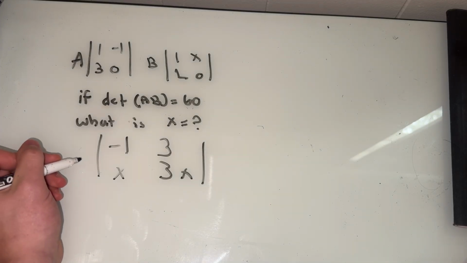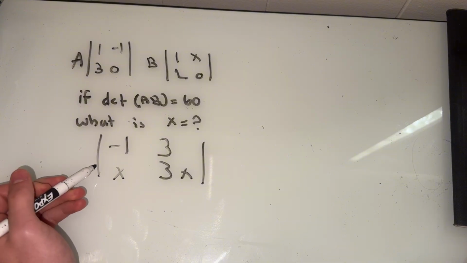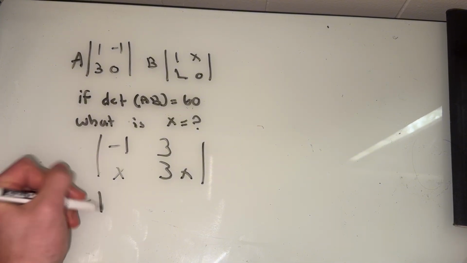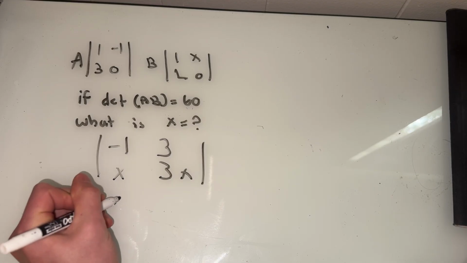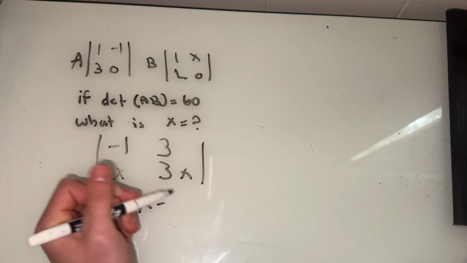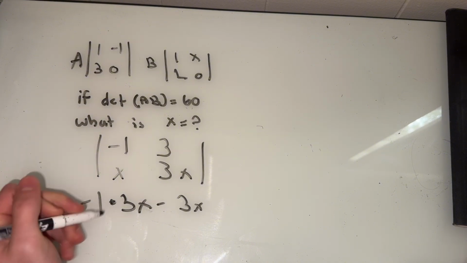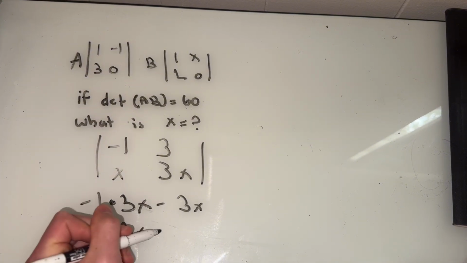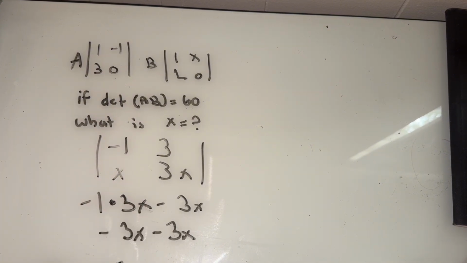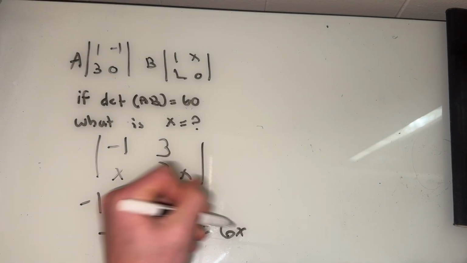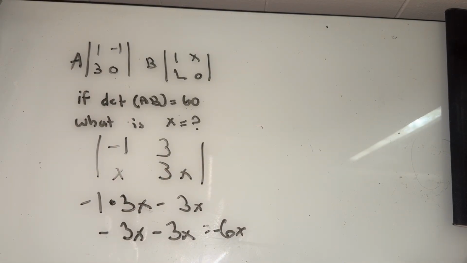All right, now that we have the transformed matrix, let's solve for the determinant and then solve for x. So negative 1 times 3x minus 3 times x is going to be negative 3x minus 3x, which equals negative 6x.